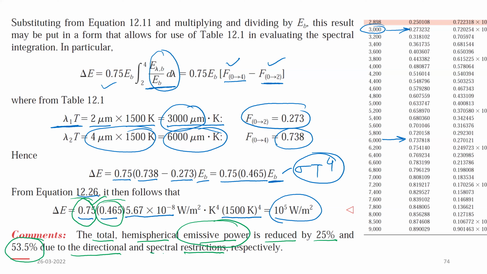It is the spectral restriction, that is, lambda varying between 2 to 4 micrometer. So this is how we can calculate the emissive power of a black body in a particular direction, in a particular range of direction, as well as in a particular range of wavelength.